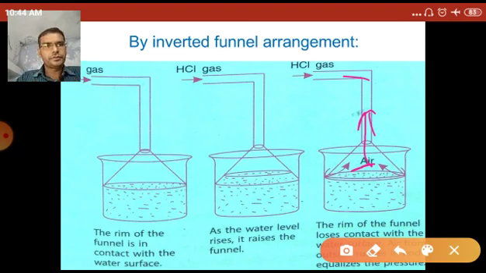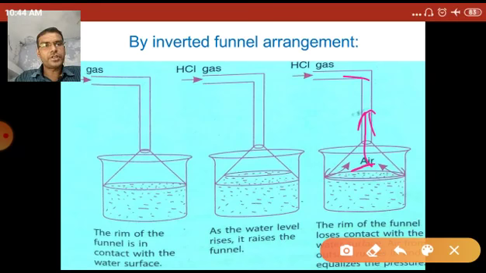So the HCl gas again passes into the water, and the HCl gas dissolves into the water up to its saturation stage.